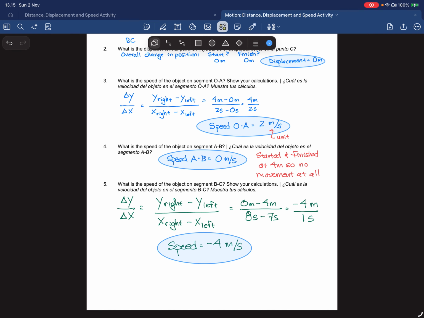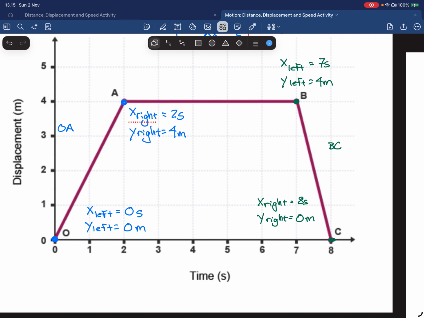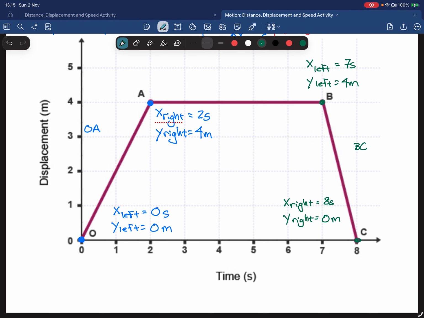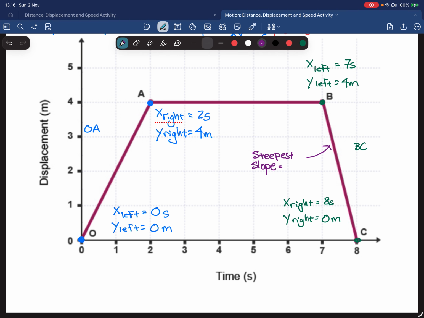Okay, now a couple of things about this, which I'll put in purple here. The first thing is that right there is the steepest slope. So notice that is way steeper than that. So that means that's the fastest speed.